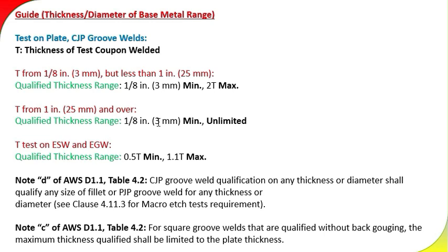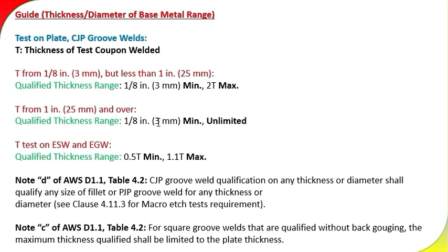Now next we'll go to the guide for thickness and diameter of the base metal range. This is also interesting. You see here, test on plate, CJP groove weld. T means thickness of the test groove weld. If T is 3 mm but less than 25 mm, then the qualified thickness range is 3 mm to 2T, as per AWS D1.1.